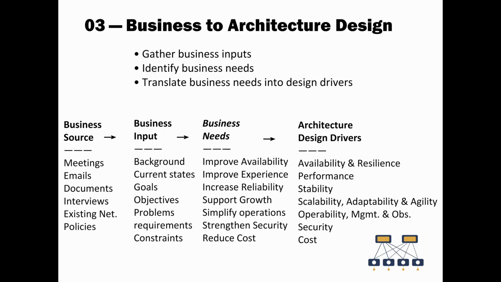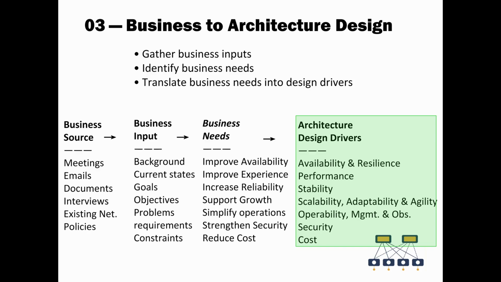Architecture design begins by gathering business inputs from meetings, emails, interviews, and existing documentation. Through business analysis, we identify the underlying business needs and translate them into architecture design drivers. These design drivers become the foundation for evaluating architecture options, making informed trade-offs, and ultimately arriving at the final design.